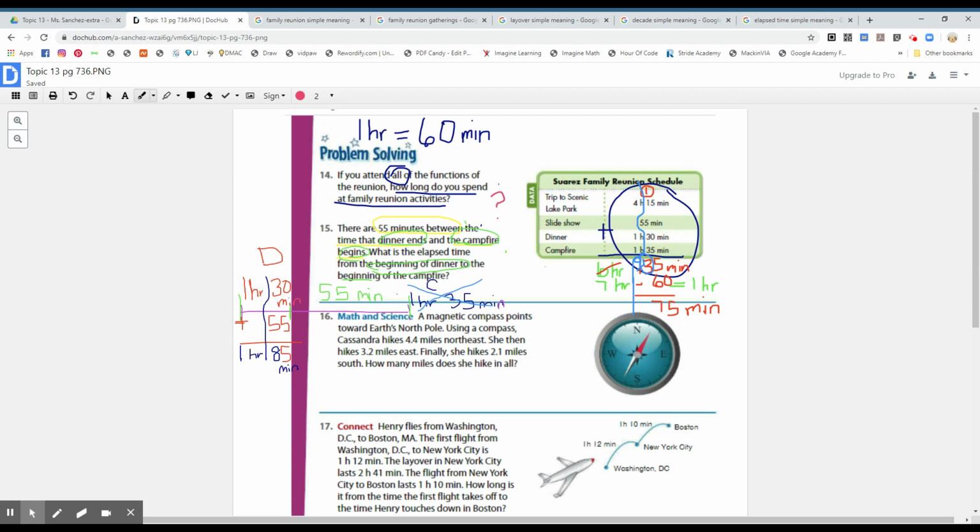But here's the thing. Remember, boys and girls, for every 60 minutes that I can subtract from this side, just like we did here, we subtracted 60 minutes from all the 135 minutes over here. Every time that I can subtract 60 minutes from this side, it's going to be adding 1 hour over here. And then we're going to see how many minutes we have left, okay?